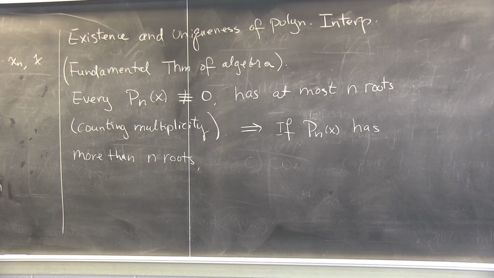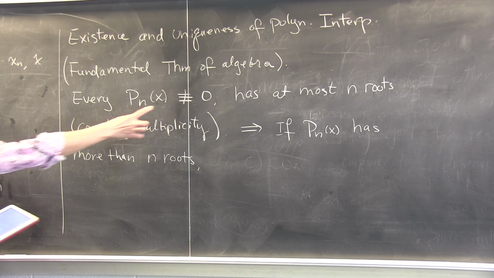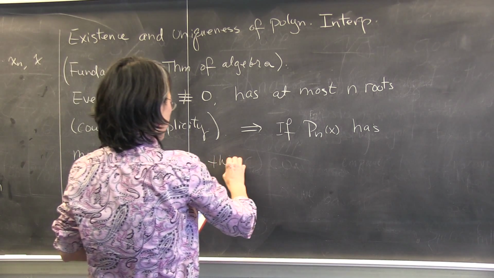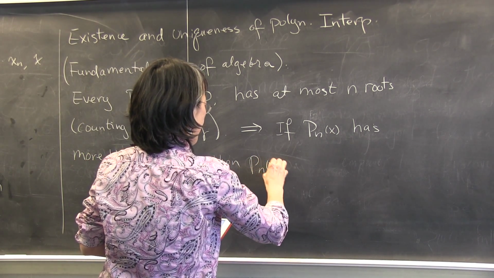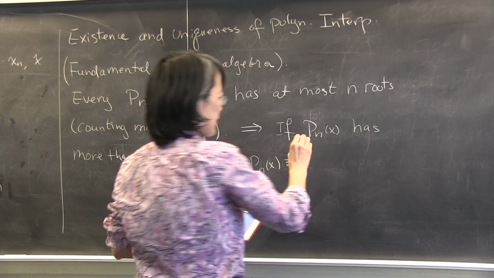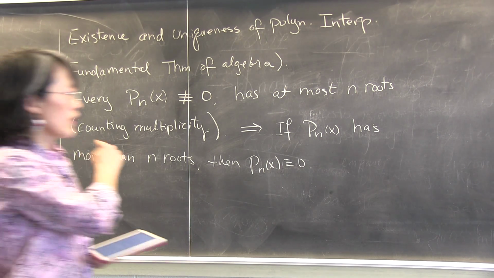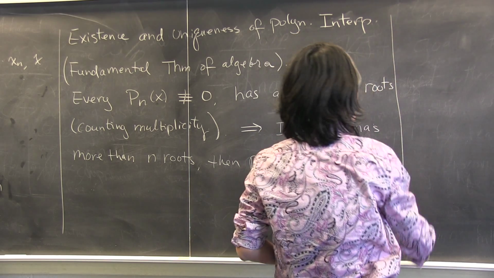What is the polynomial? It has to be identically equal to 0. Is that right? Then you have infinitely many roots. Do we understand this argument? Because that's the backbone of our uniqueness theorem. Once you have this, it's very quick to prove.